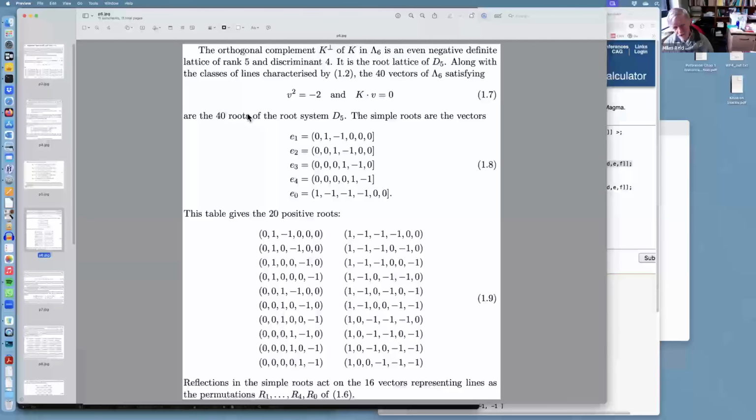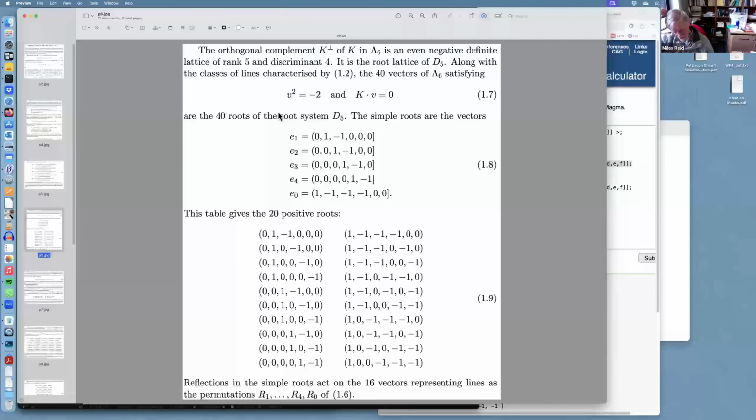Right? So saying they're roots means that in the Euclidean lattice they live in, with that negative definite inner product, I can do reflections in a root, and the reflection in any of the roots takes the 40 roots to the other 40 roots.